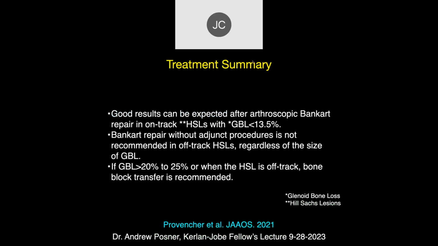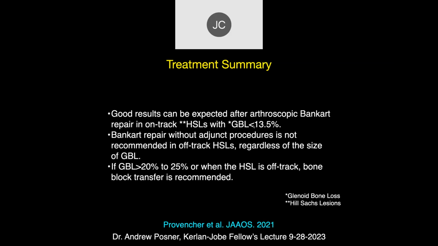So this is basically the summary slides from our recent lecture from the Curlin-Jobe lecture program. They say now the bulk of the literature supports using a glenoid bone loss percentage of 13.5% in athletes to differentiate between whether you want to do a bony procedure or just soft tissue procedures to stabilize the shoulder.